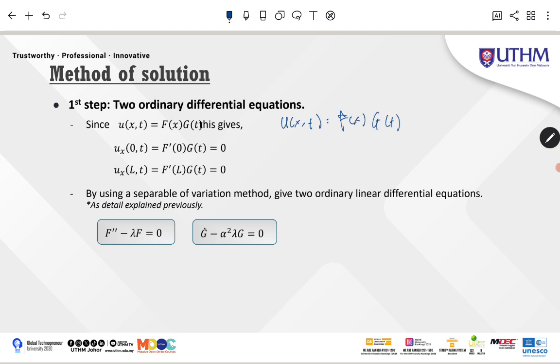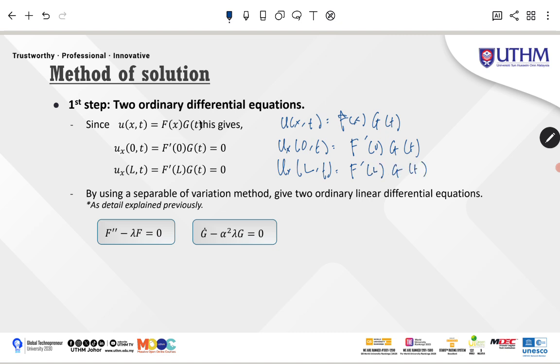Then we have the boundary condition, which is that du/dx at x equal to 0 is equal to the derivative of f at 0 times g(t). And similarly for the other boundary condition, du/dx at x equal to L is f prime at L times g(t).